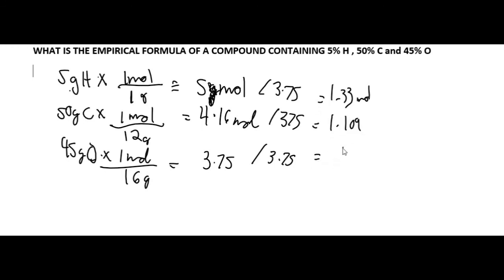And then lastly, 1 mole. There we go. So let's round everything. Basically, the formula is this. That's the empirical formula. So we have 1 mole of hydrogen, 1 mole of carbon, and 1 mole of oxygen. And that's the empirical formula.